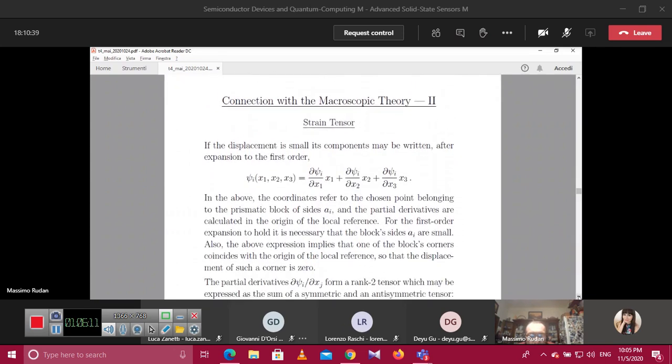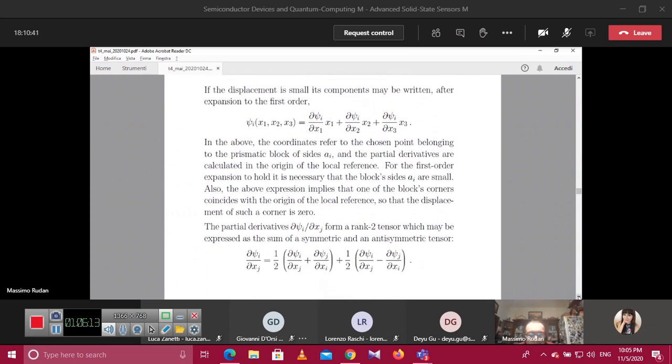And then we make another assumption. We assume that the internal points of the little block that we are considering, due to the deformation, are displaced with respect to the undeformed condition. But we also assume that the displacement is small. So we take any point inside the block, and this point has coordinates x1, x2, x3.